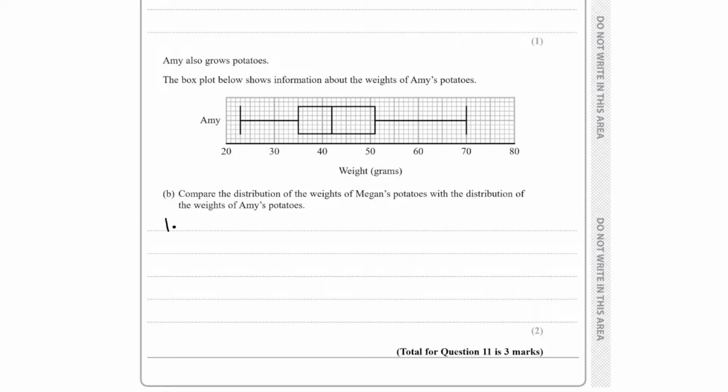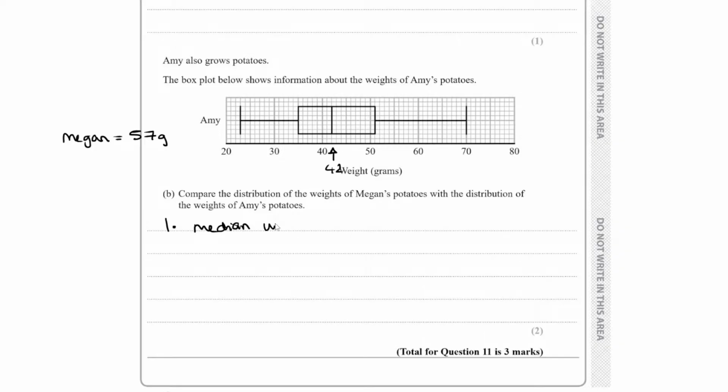So we said that the median of Megan's, I know you can't see it, but on your actual exam you'll be able to see it at the same time, was 57 grams, wasn't it? That was her median. The median here, Amy, is 42. So you say the median, you have to relate at least one of them to the context, right?